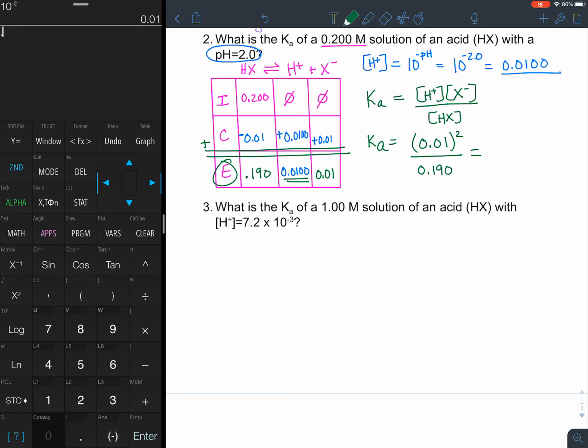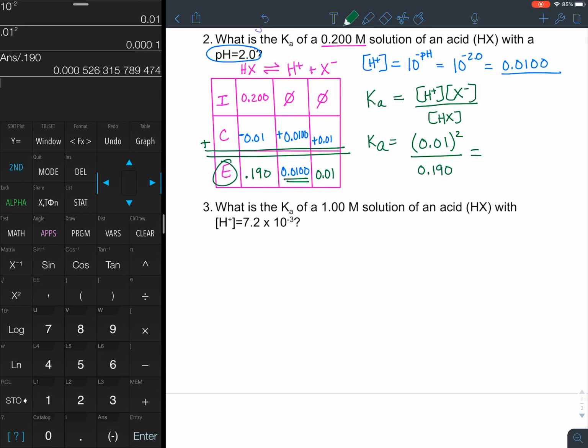So let's go ahead and do the math on that. So 0.01 squared divided by 0.190. And I get a very small number. We want to apply sig figs, so I started with 3 sig figs in my original molarity calculation. pH is a little bit weird for significant figures. And they only give us 2 on that one.